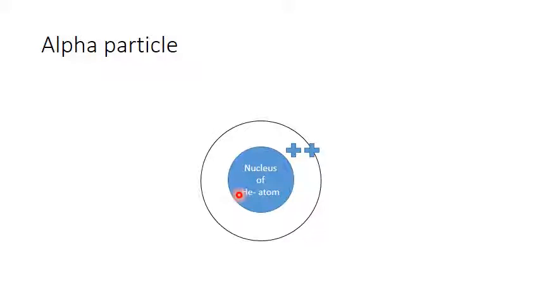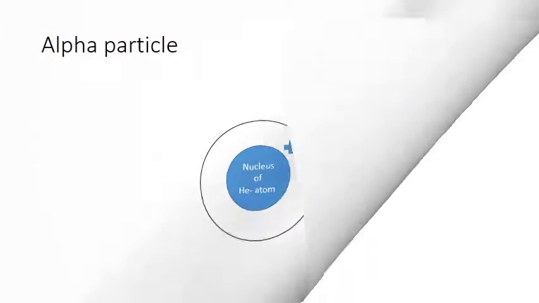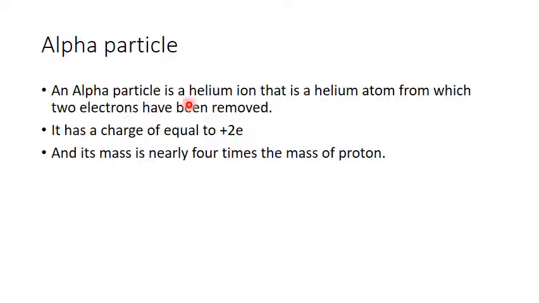So an alpha particle is nothing but the nucleus of a helium atom, where the atom has lost two of its electrons and gained two positive charges. An alpha particle is a helium ion, that is, a helium atom from which two electrons have been removed. It has a charge equal to plus 2e, and its mass is nearly 4 times the mass of the proton.